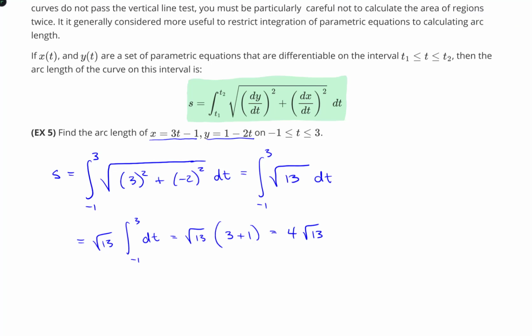And if you're interested, you could plug a t value of -1 into the x and y components to get a starting coordinate, and then plug in 3 to get an ending coordinate, and then calculate the distance between those 2 points, and you'll find that it still results in 4 root 13.